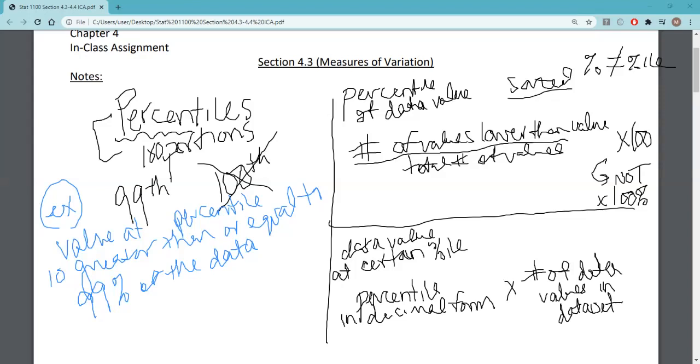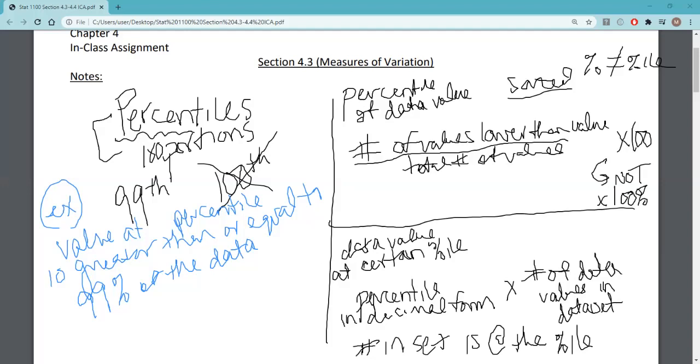The result that we get here is going to tell us what number in the set is at the percentile that we want. And we will work with that a little bit more as we go into the practice problems.